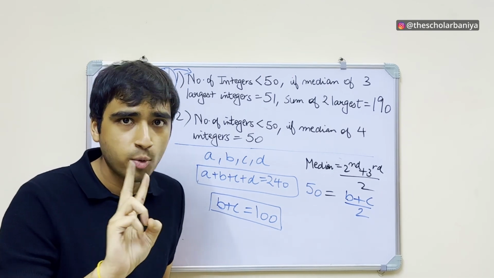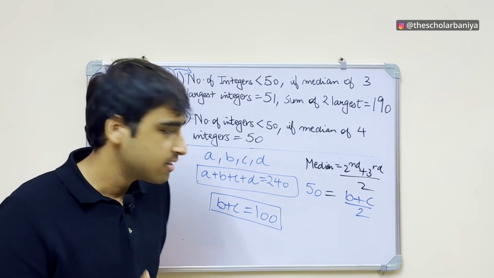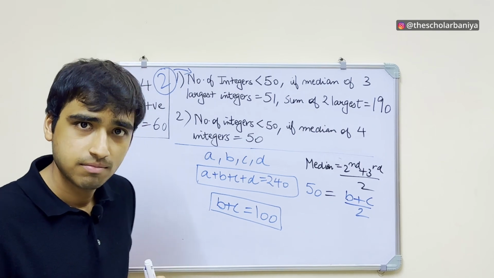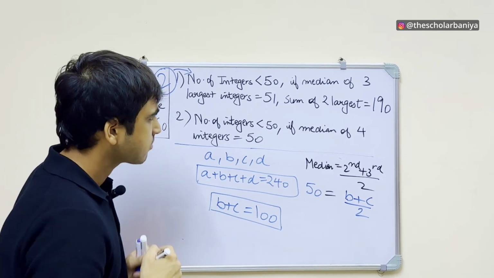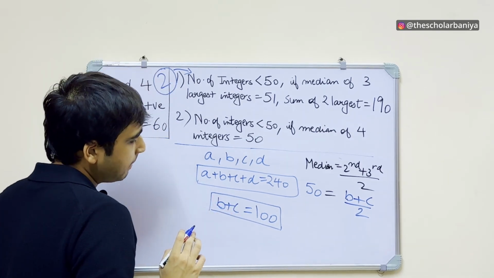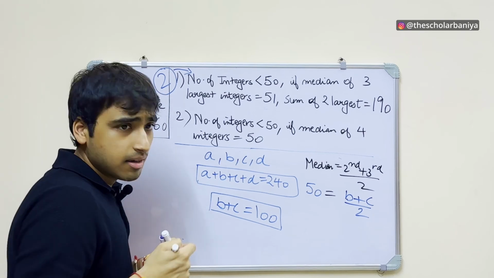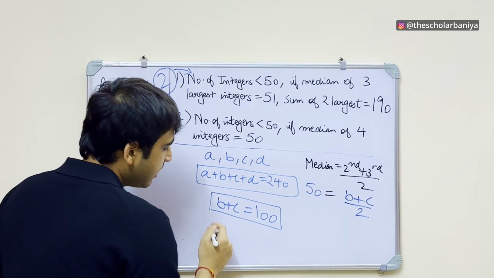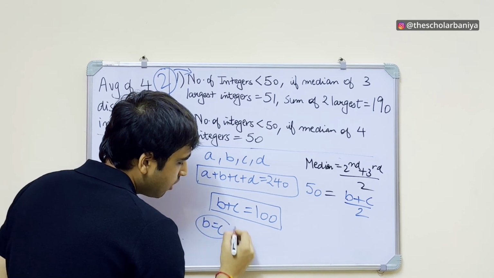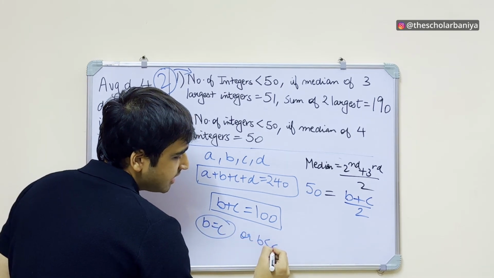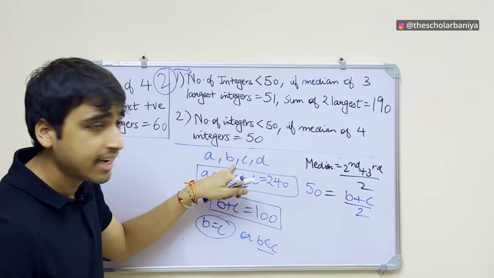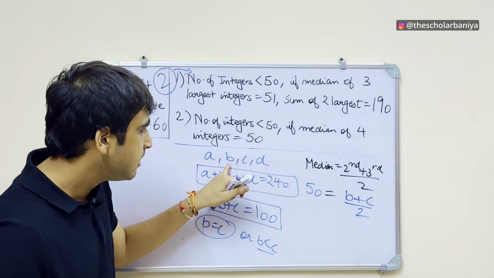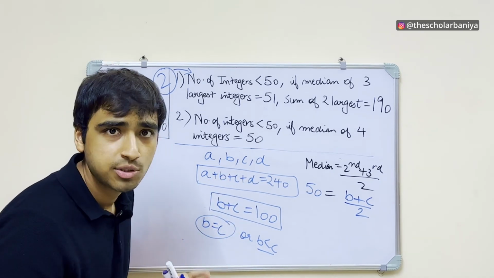One possible case is that both of them are equal, and the other case is that B is less than C. What did I say? Either B equals C or B is less than C, because this is an ascending order.